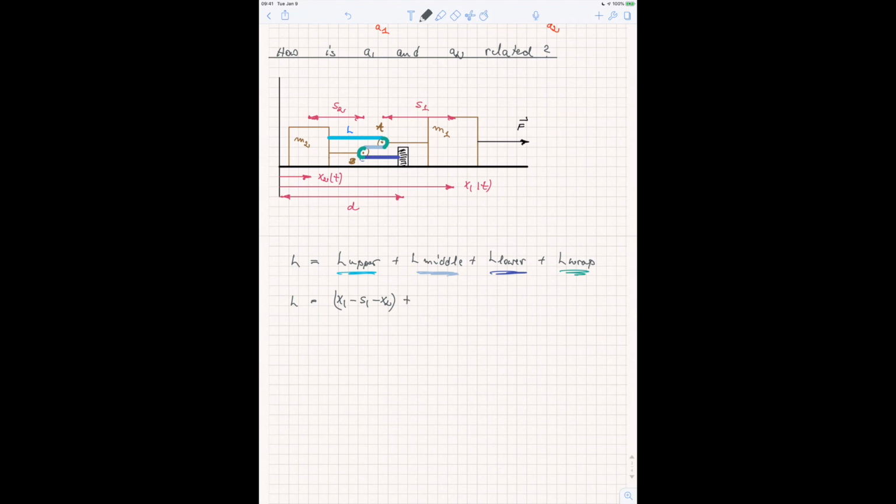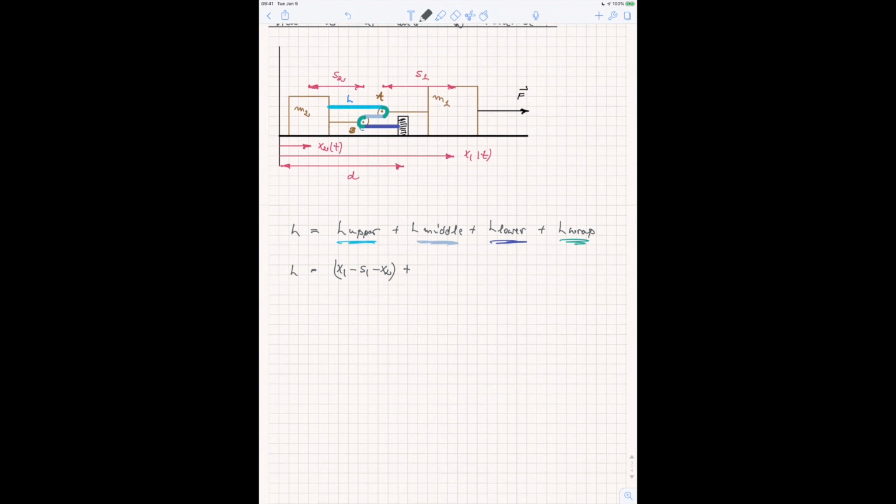So x1, then you hop back minus s1, you come to pulley A. And pulley A has this fixed length. Pulley A is wrapped around by the string to mass m2. So now if you subtract off x2, then you have that upper length.